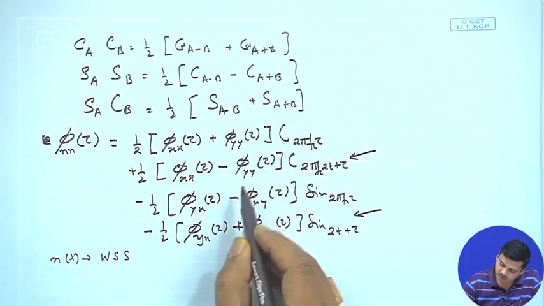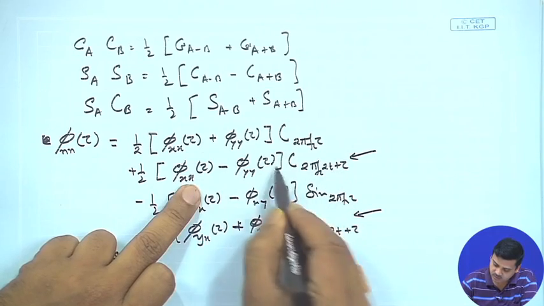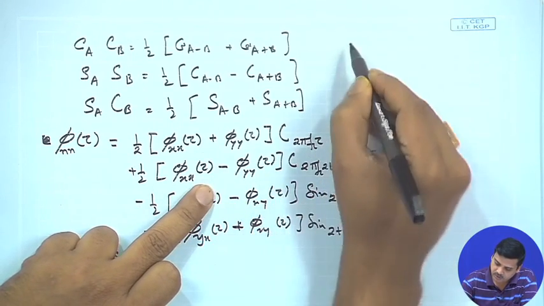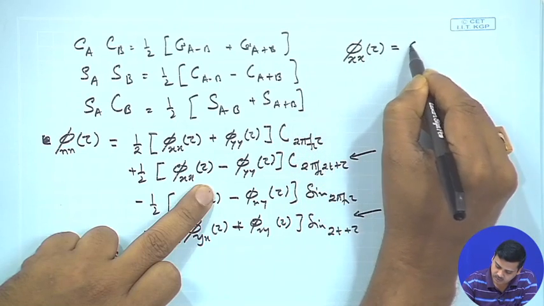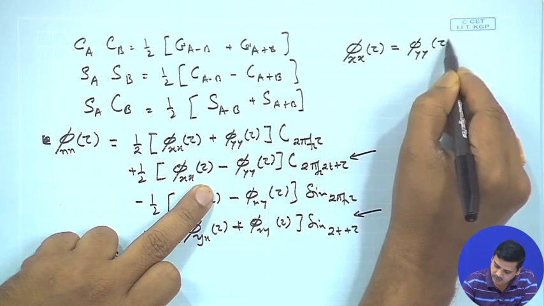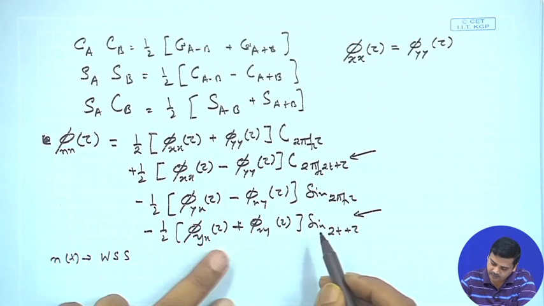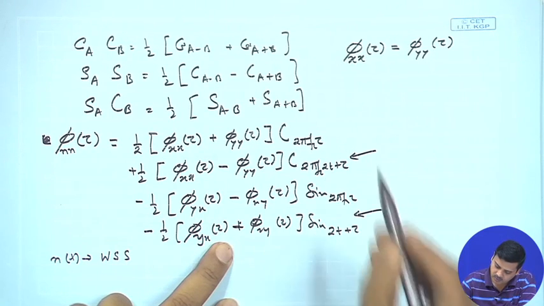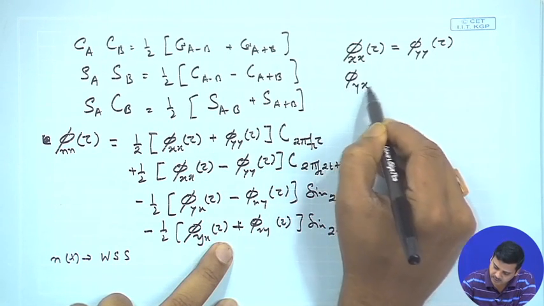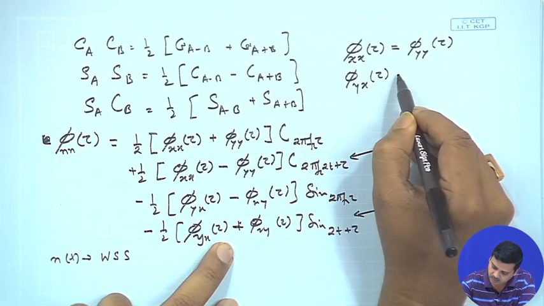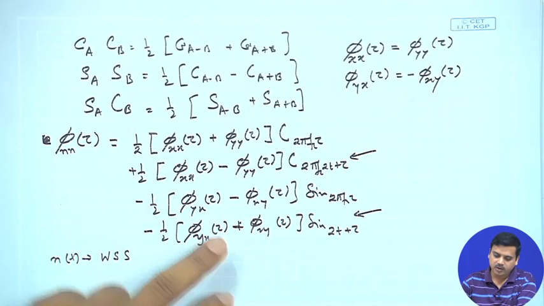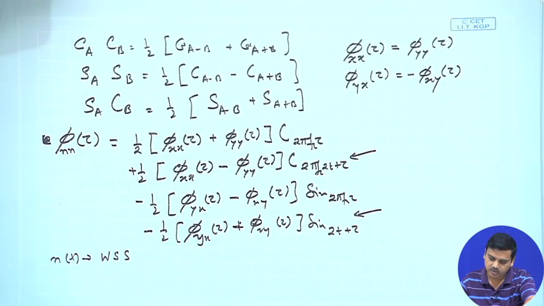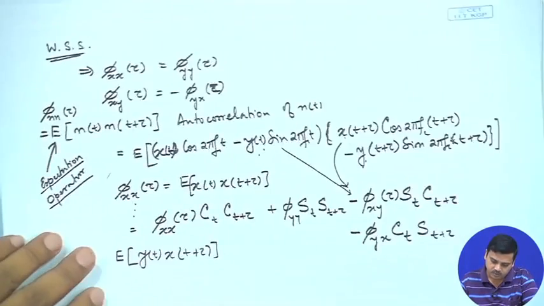So we can conclude from this that if this has to go to 0, this coefficient should be 0. That means phi xx of tau should be equal to phi yy of tau, and if this coefficient goes to 0, then phi yx of tau is equal to minus phi xy of tau, and this is what we started off with when we talked about wide-sense stationarity.